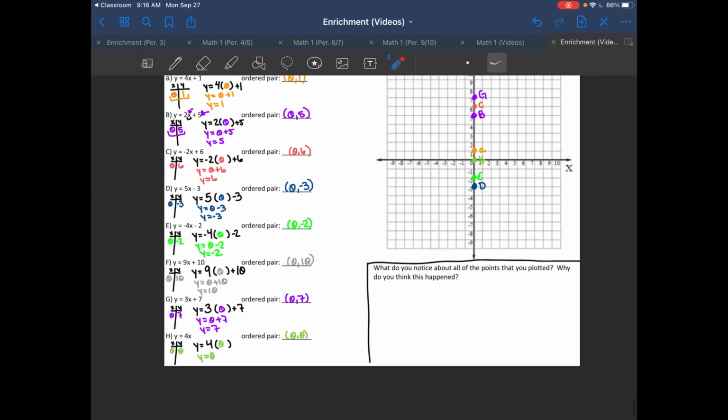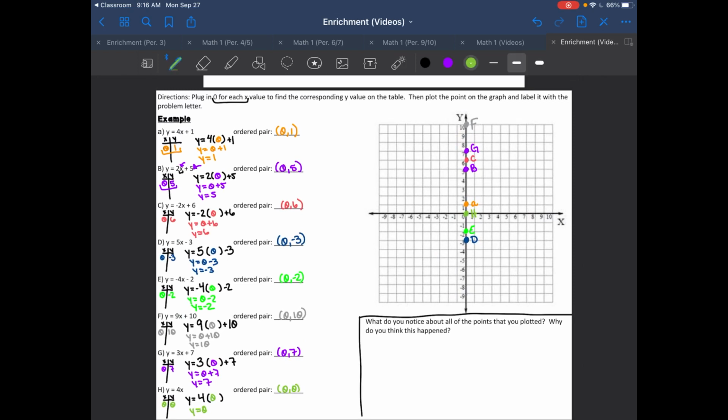So what do you notice about the points that you plotted? First thing I want to say is that they are the numbers without a parentheses, without a variable in our equation when x starts at time 0.